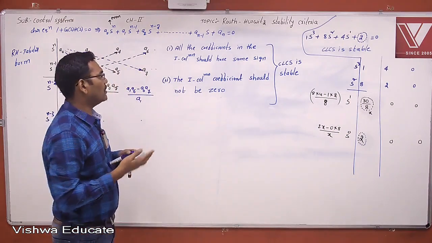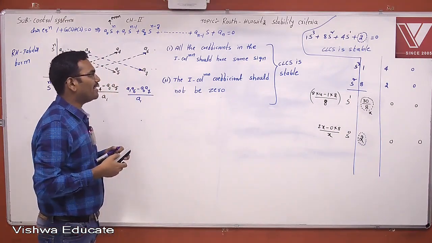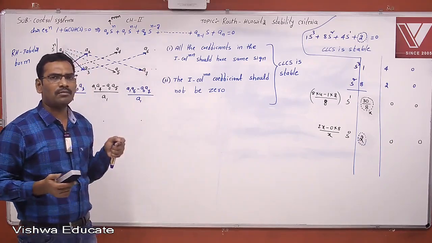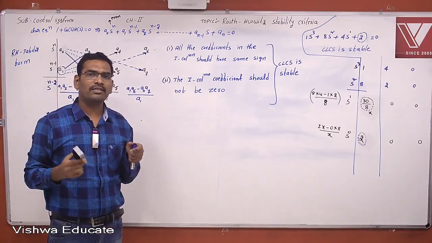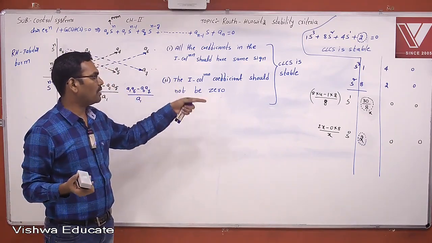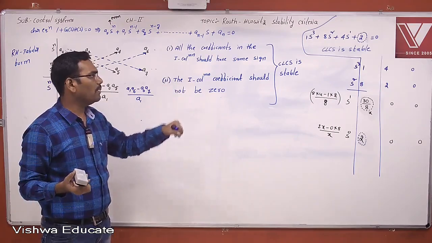Now this is the Routh Hurwitz stability criteria, which is identified from the first column, because the first column quotients show the roots which lie on the right hand side. Therefore all are same, therefore all are stable. Stable means all are on the left hand side.